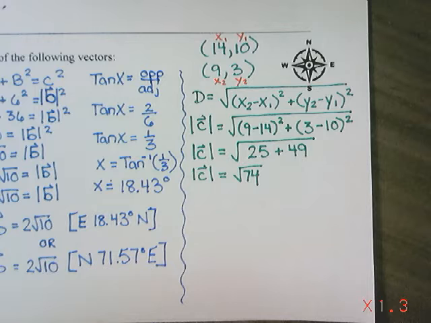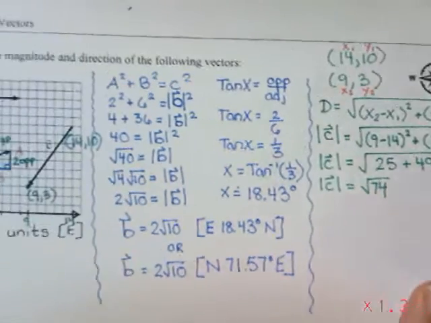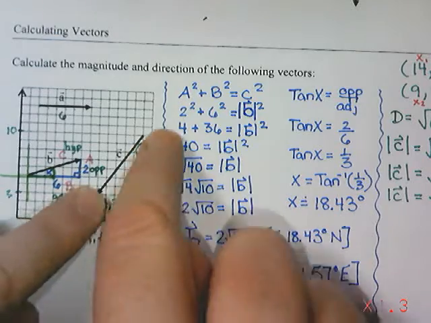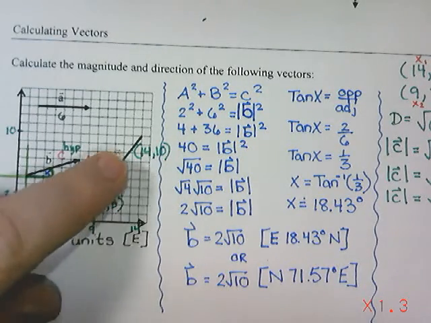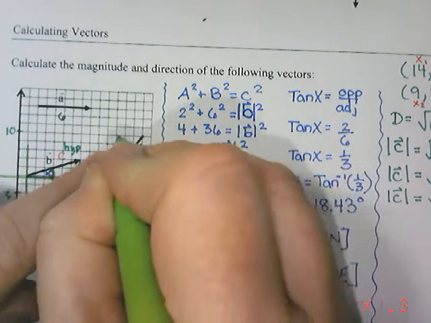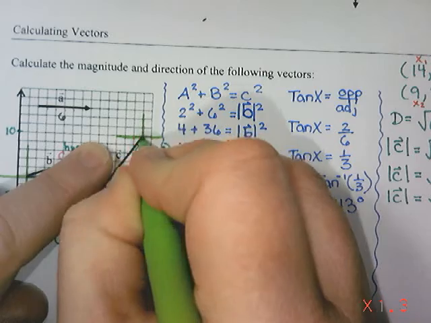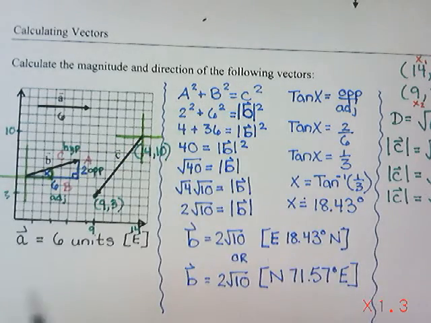And then I need to do the direction. Unfortunately, we are just going to have to calculate the direction using the same method we did before, using a little bit of a triangle. So I am going to look at my vector, find the tail, where the vector started, and draw myself a little fake XY axis there to help me.